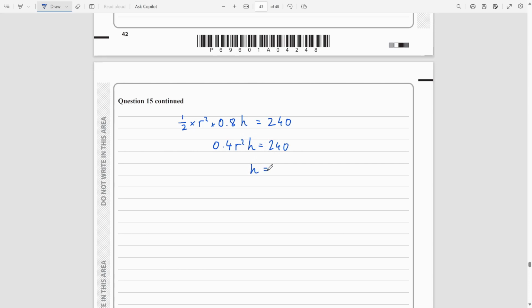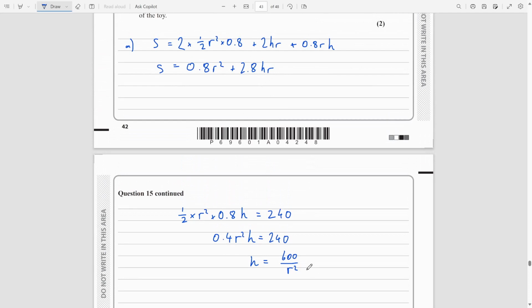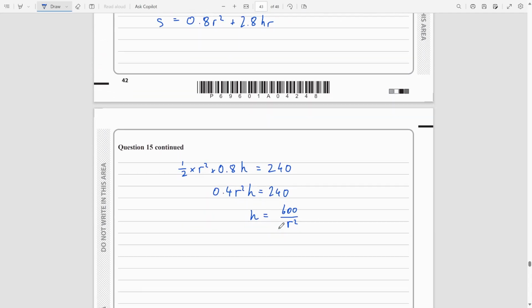So what's h? Well, I'll do two things here. I'll do 240 divided by 0.4, and that gets me 600, and then divide by r squared, and I get that. And so I can just get rid of h in this expression by subbing in this. So what I have is the surface area S is 0.8r squared plus 2.8 times h times r.